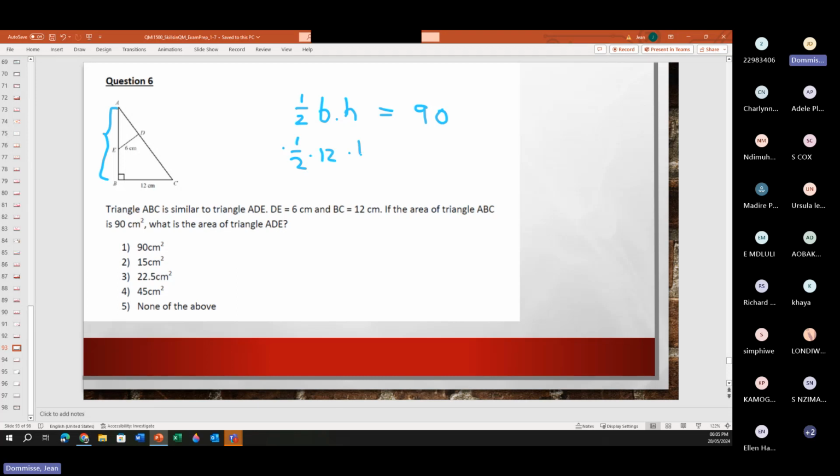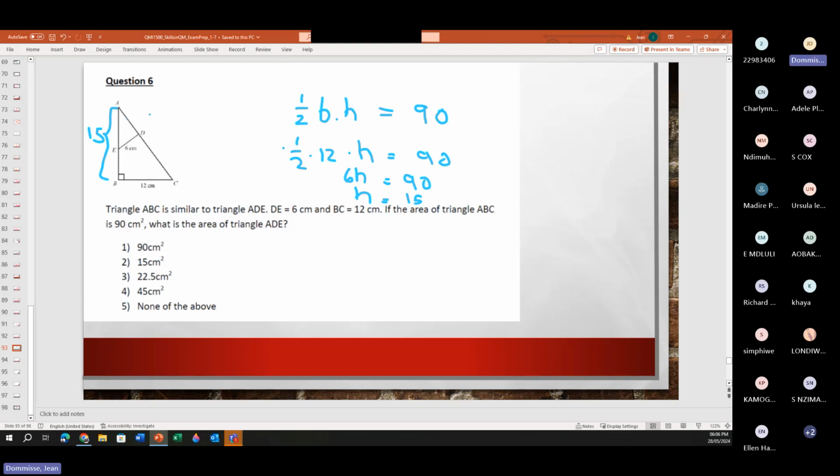We don't have a height, but we know that area is equal to 90. So a half times 12 is 6. Times H will be 90. So if we want to work out the height, it is 90 divided by 6, which is 15.